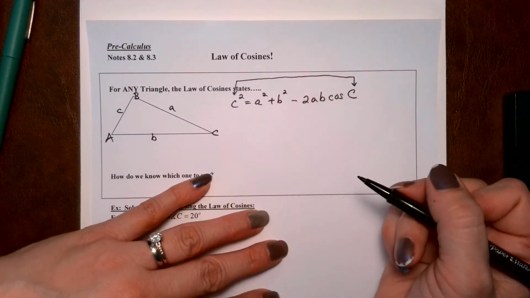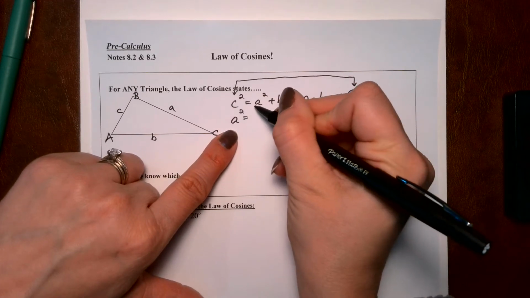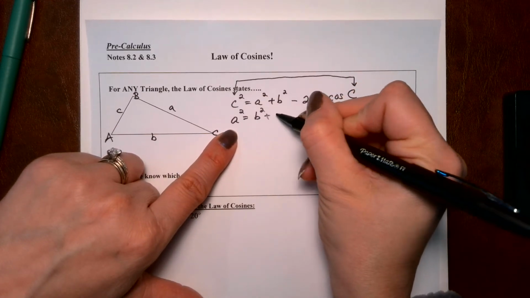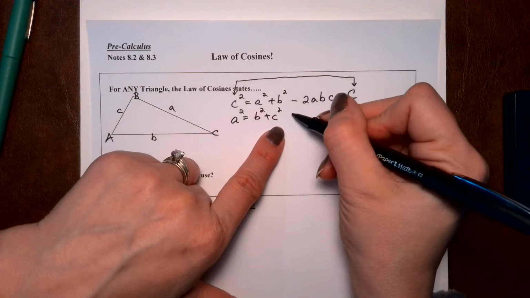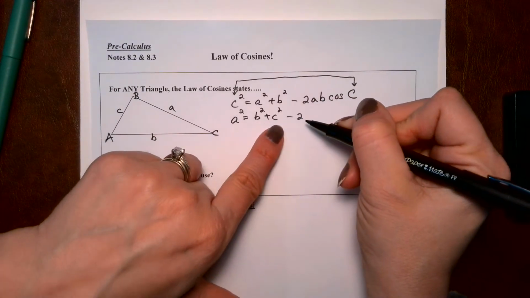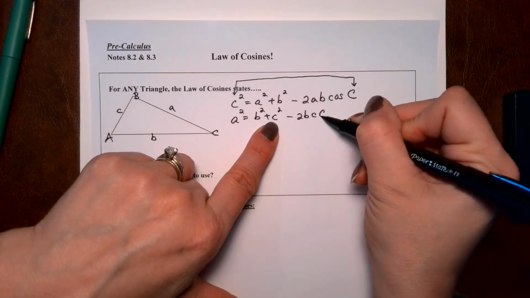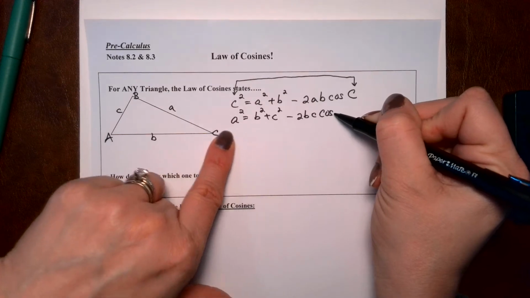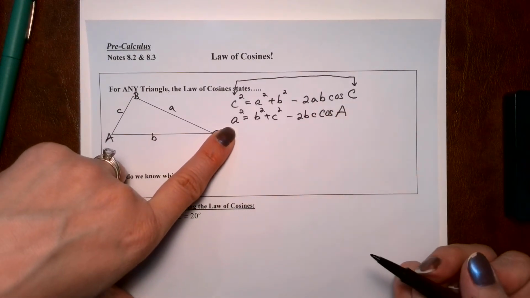Now there's 3 different versions of this, of course, right? What if we started with a squared? Then it would be b squared plus c squared, the other 2 sides, but then we have to subtract 2, one of each of these, the b times the c, and then it's times the cosine of angle A. And how you start is how you finish.